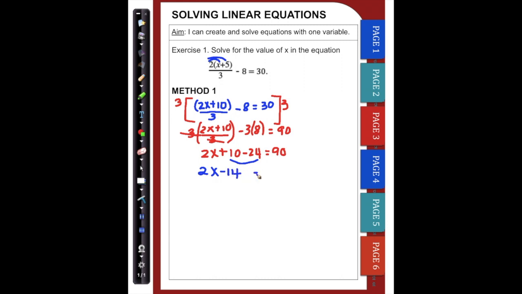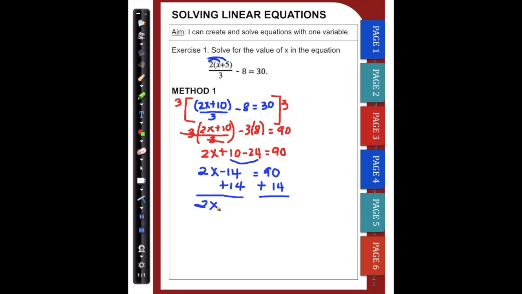Our goal is to solve for x, so we are going to isolate 2x by eliminating minus 14 on the left hand side. Using inverse operations, you add 14 to both sides of the equation. We should be able to cancel minus 14 and plus 14.